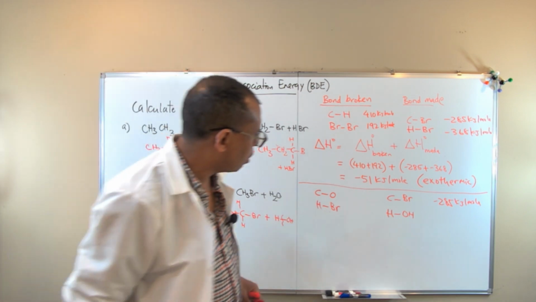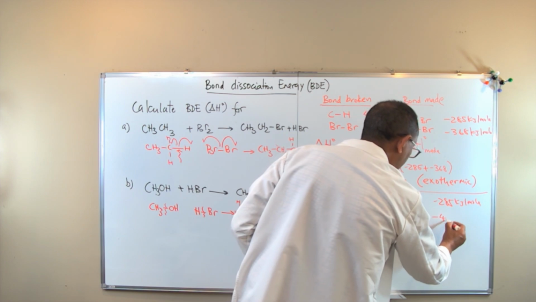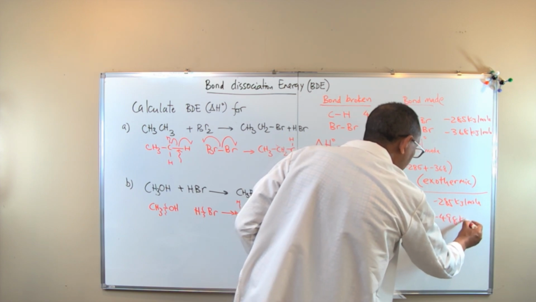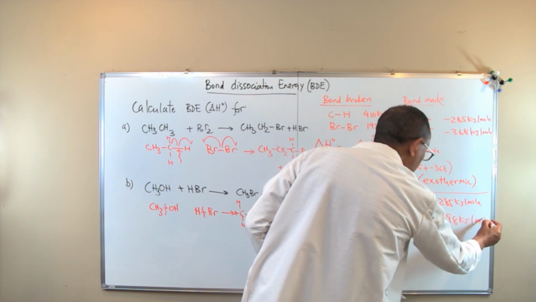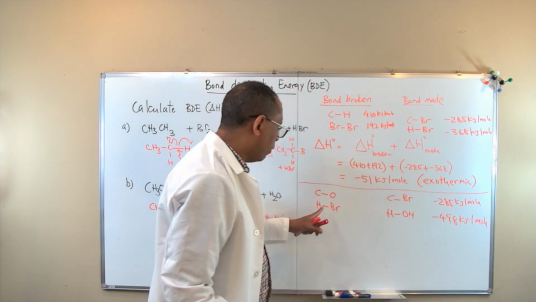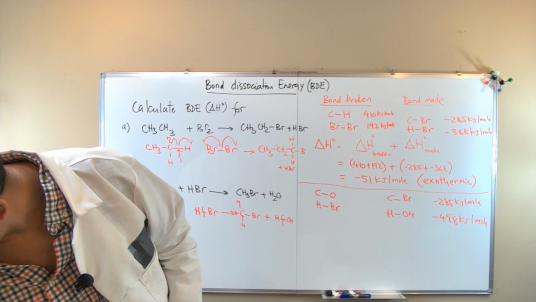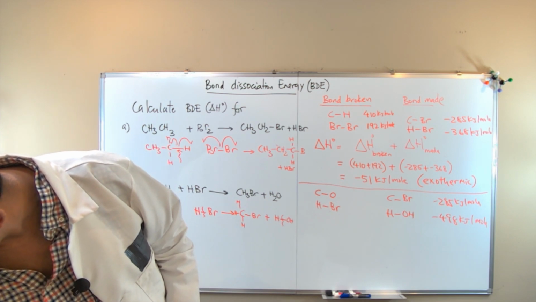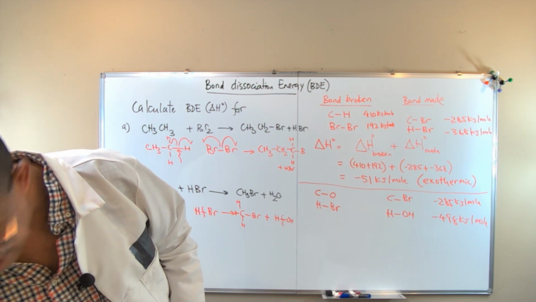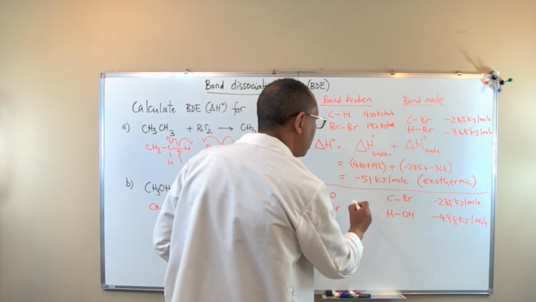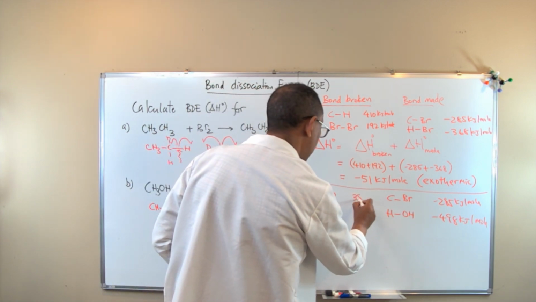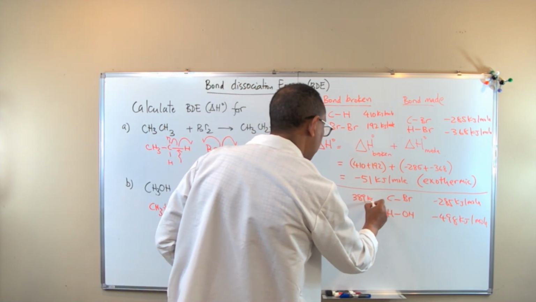And this is minus 498, very exothermic, making the water molecule. And for the carbon-oxygen bond, the breakage of the carbon-oxygen bond is 389, I believe, 389 kilojoules per mole.